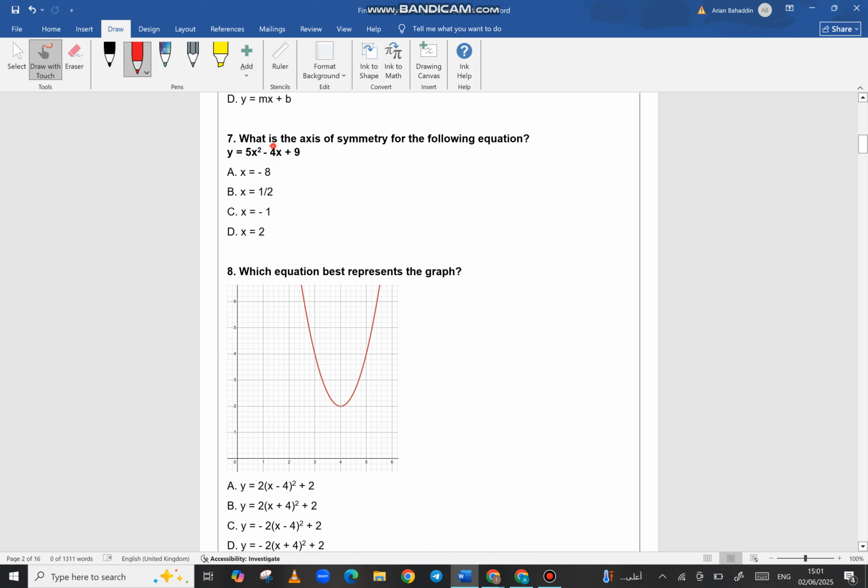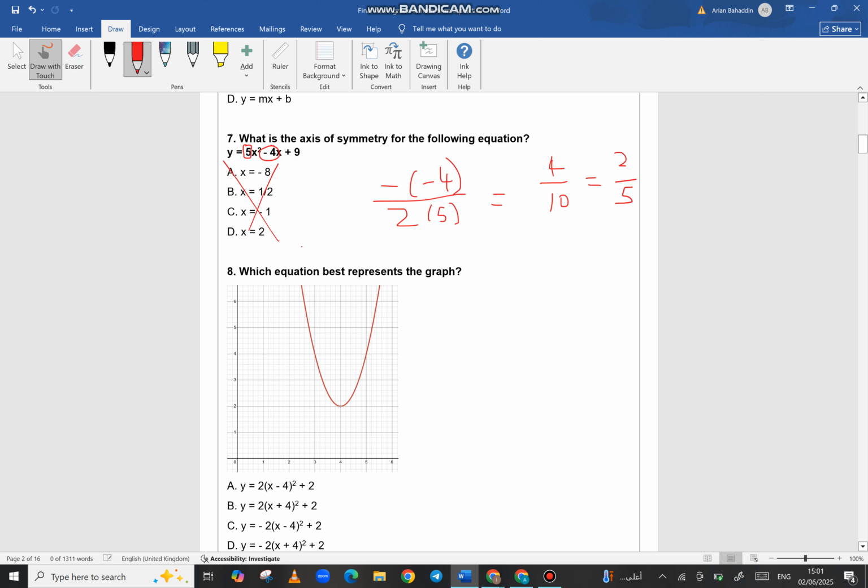What's b? It's minus 4. So minus 4 divided by 2 times a. A is the number next to x squared, times 5. Okay. What's the answer? 4 over 10, which is 2 over 5. Now the answer is not in the multiple choice.